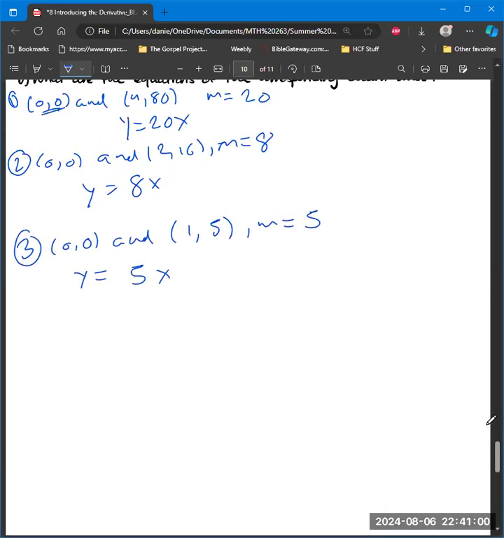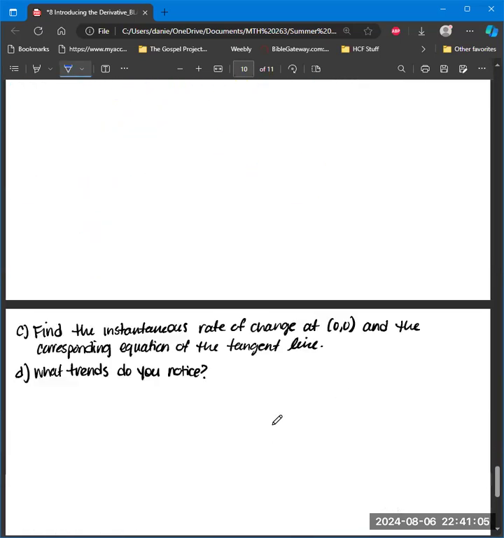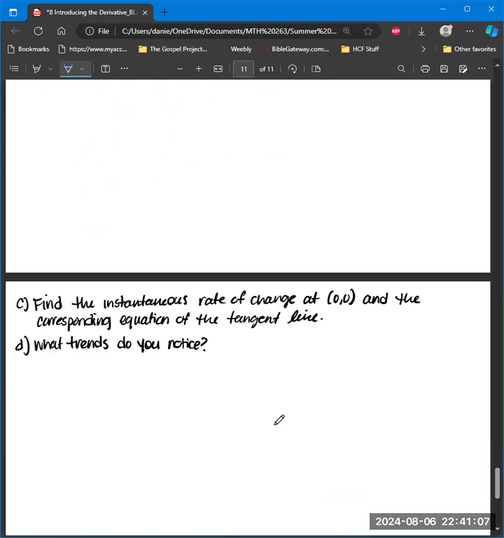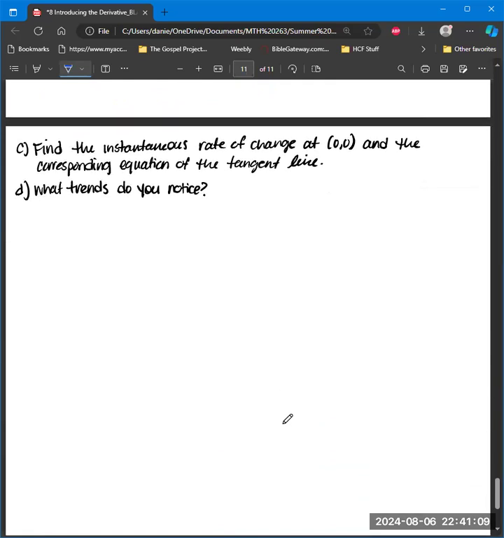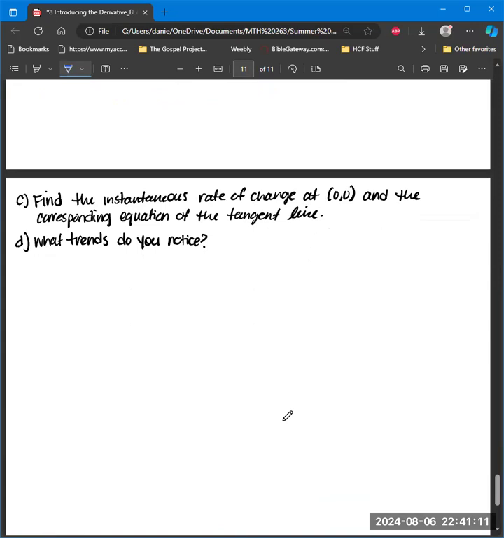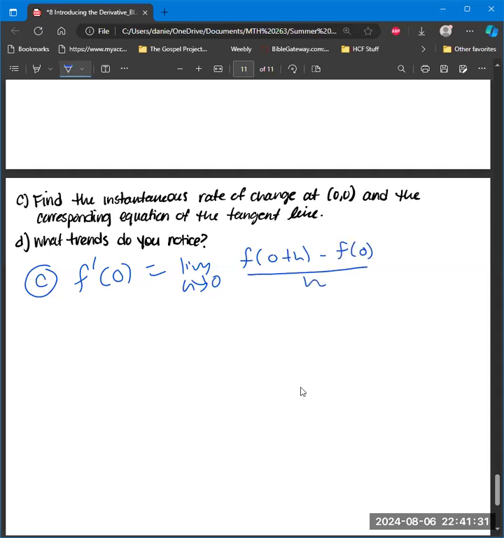So we could see how those slopes would be changing if we graph them all out. Let's now find the instantaneous rate of change at 0, 0 and the corresponding equation of the tangent line. So for C, we're going to have to find f prime of 0, which is equal to the limit as h goes to 0 of f of 0 plus h minus f of 0 over h.